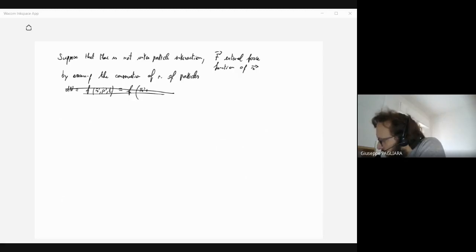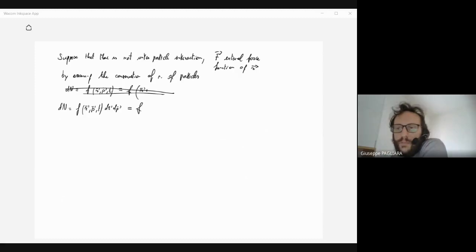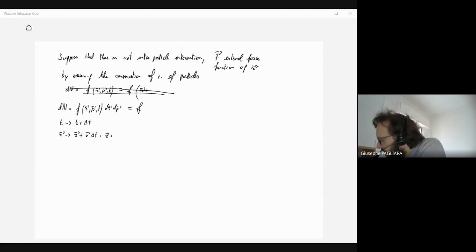Let me write it again, sorry. So this is f of R, P, and t, dr, dp. And we impose that this is equal to the distribution computed at a time t plus dt. And of course, when I run the time, R will go to R plus v dt, which is actually R plus P divided by M dt, and the momentum will go to P plus F delta t.